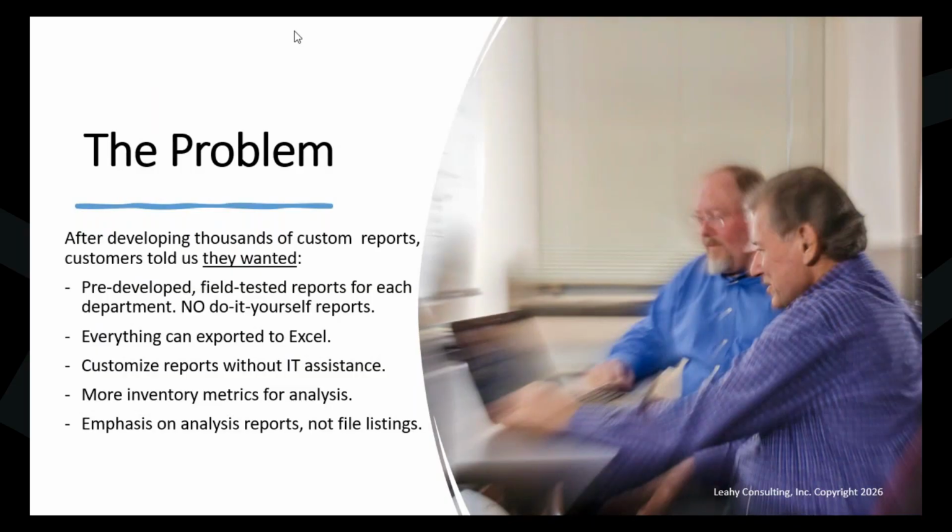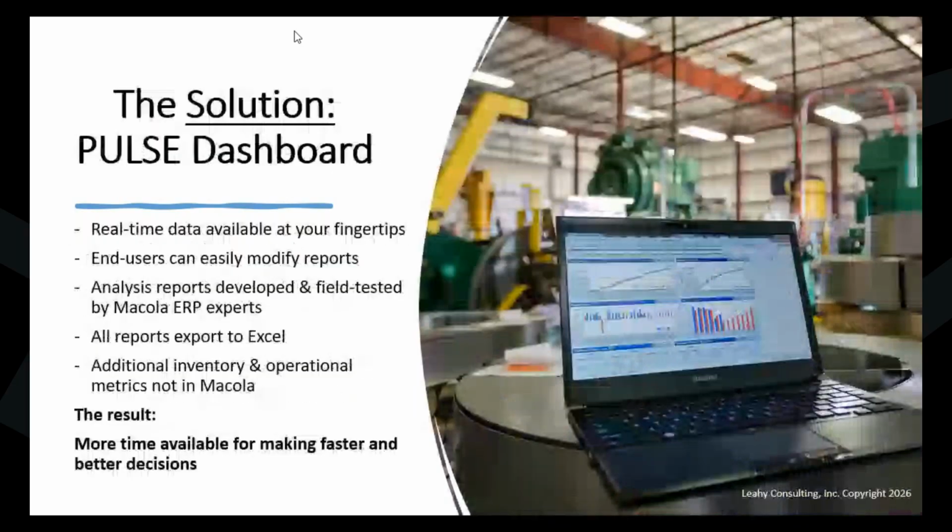The Macola inventory database is very, very good, but it lacks some metrics that are needed for analysis, and we added those to your Macola inventory files, and we'll show you that. The emphasis of our software is on analysis, not on just regurgitation or file listings. So you'll see a lot of analysis as we go through.